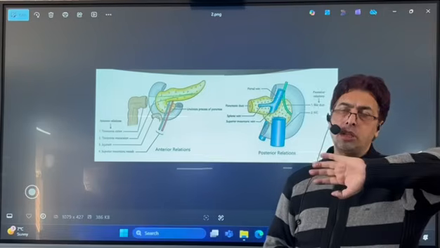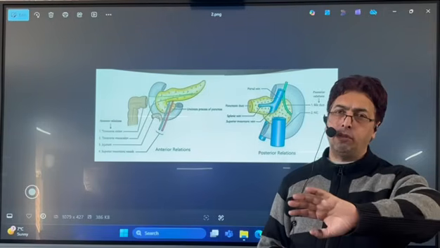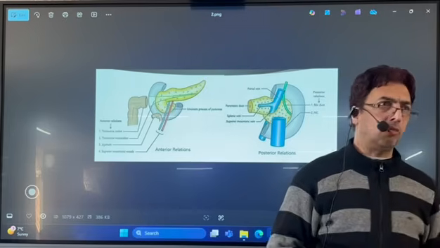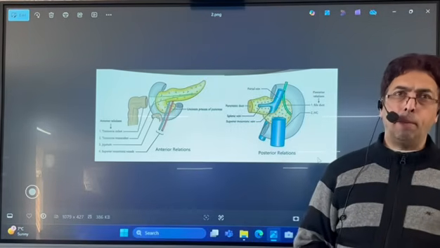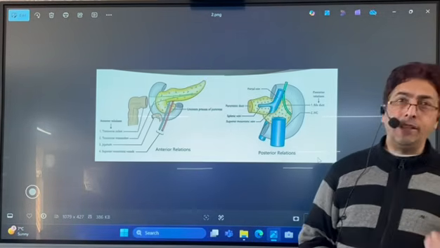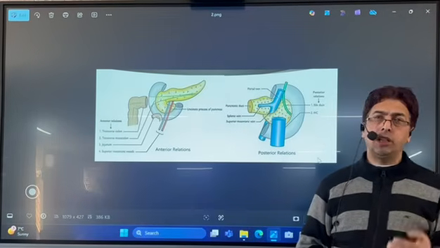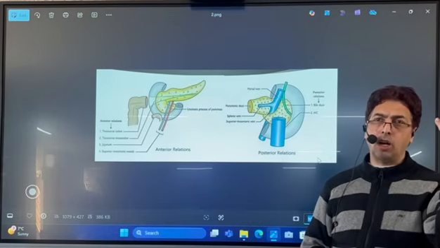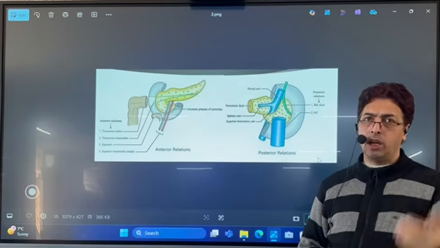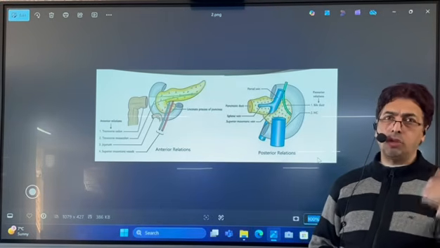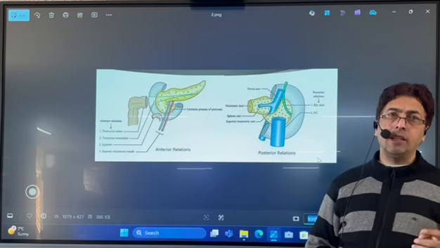So there are certain structures which lie anterior to the head of the pancreas and certain structures which lie posterior to it. What lies anterior to the head of the pancreas? Three parts of the intestine, small and large: the duodenum, the transverse colon, and the ileum.